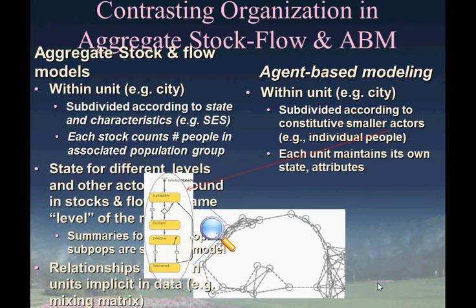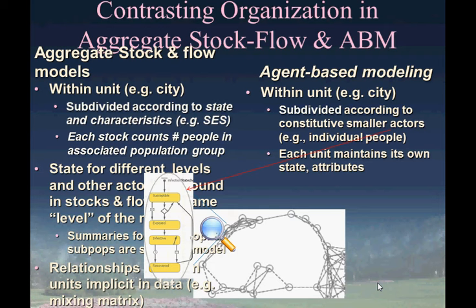So rather than system dynamics, where we organize a model according to state and count the number of people, the data we have is the number of people in each state. Within an agent-based model, we organize according to individual, and the data maintained for each of those units of organization is the parameters and the state of that person and any aspects of context.